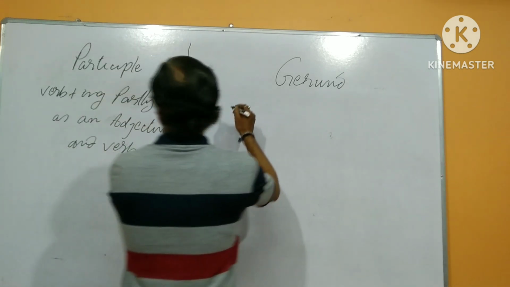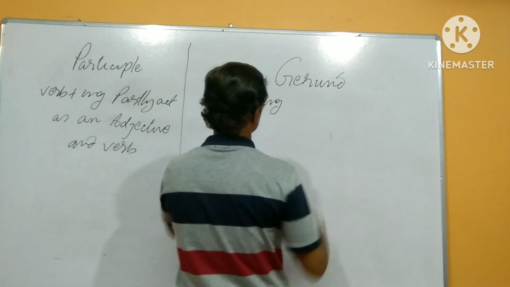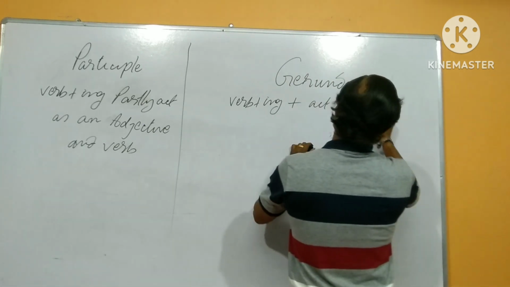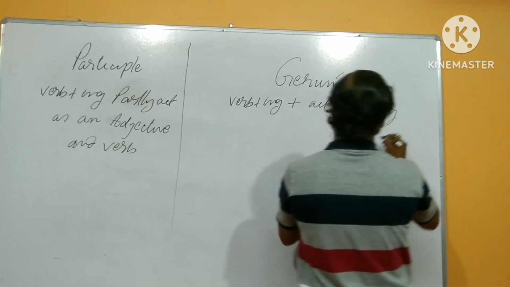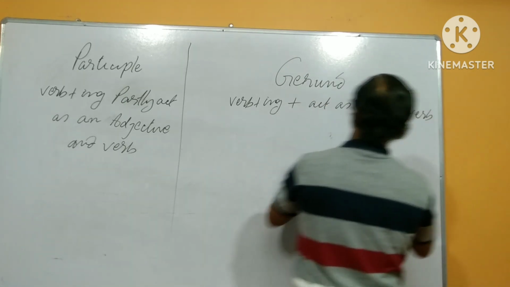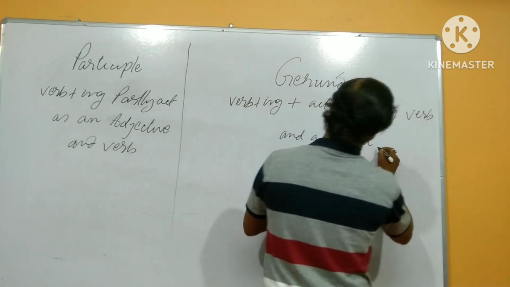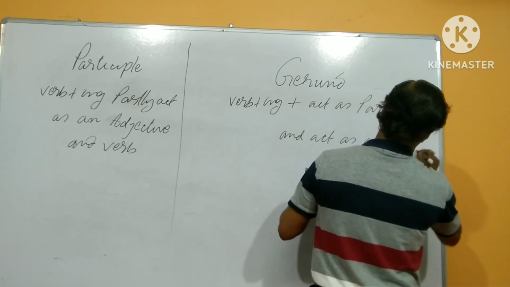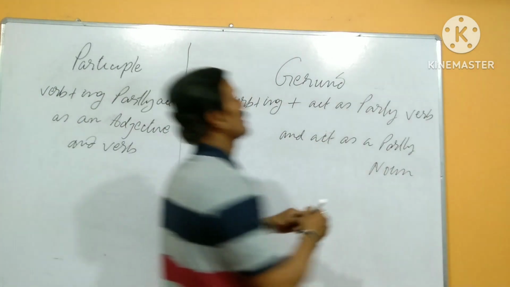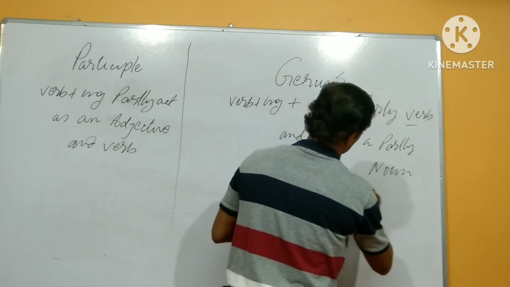And a gerund is verb plus ing and acts partly as a verb and partly as a noun. So there are two kinds of parts of speech, verb and noun.